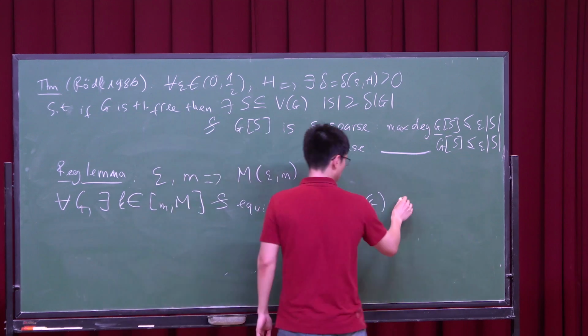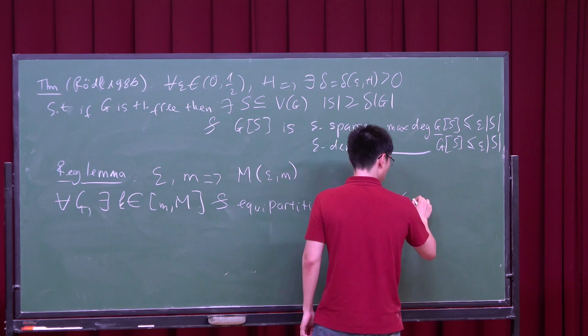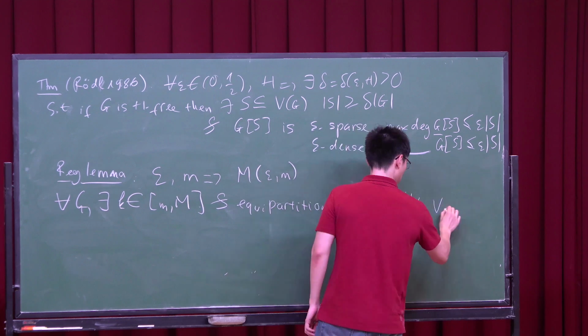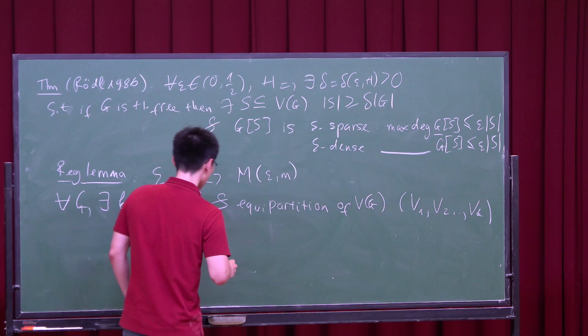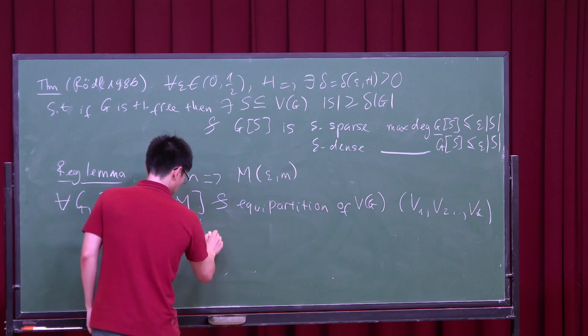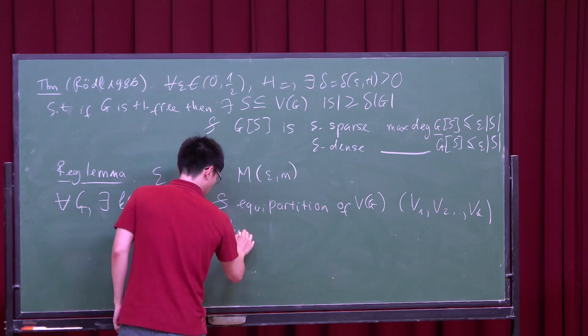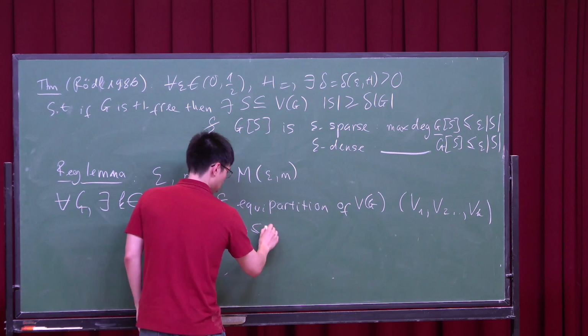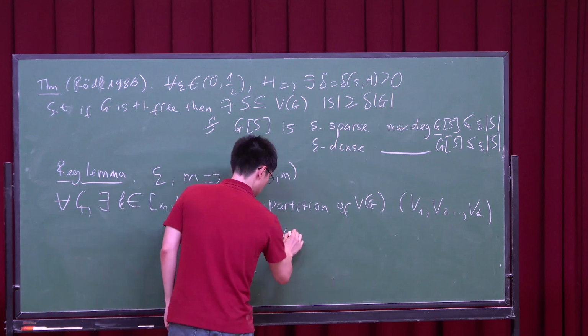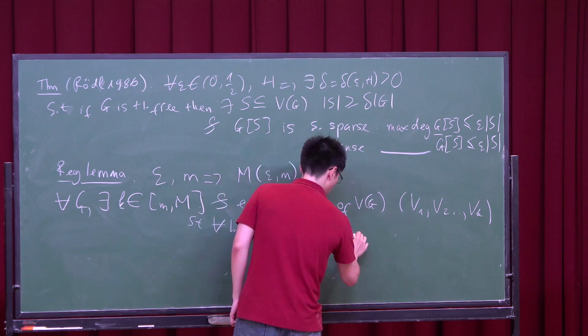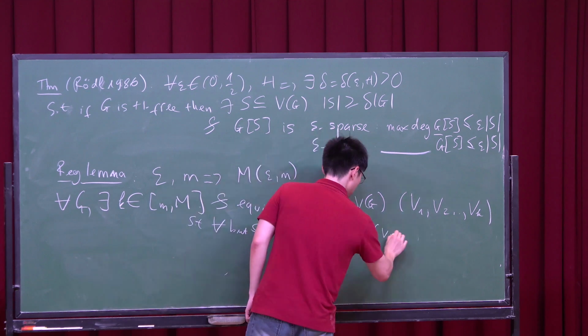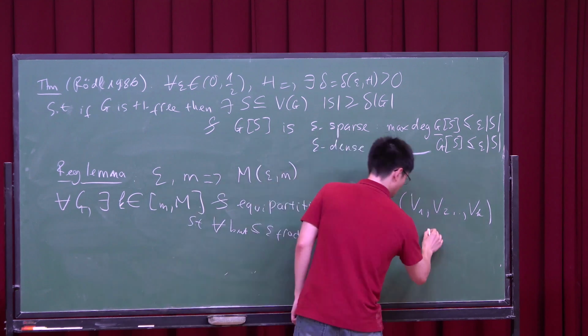Let me say this partition is V1, V2, ..., VK, such that at most an epsilon fraction of pairs Vi, Vj are epsilon regular.